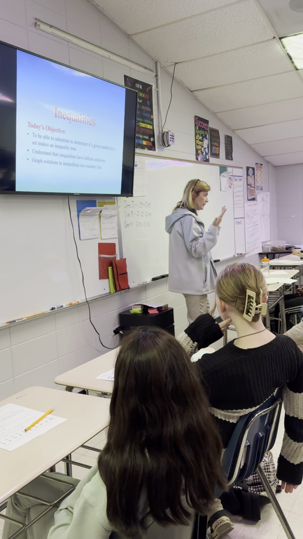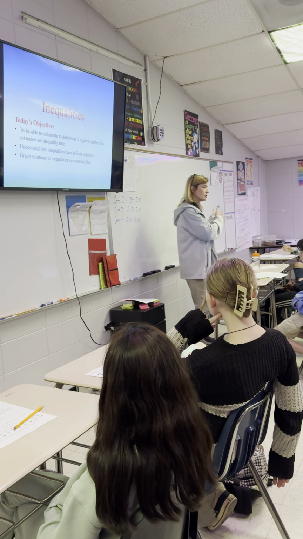So we're going to be looking to substitute numbers through looking at that graph, looking at that darkened area, that line, and see if it's shaded in, and see if it is making the statement true. Okay? And then we're going to make sure that we understand that inequalities have an infinite amount of possible answers, right?